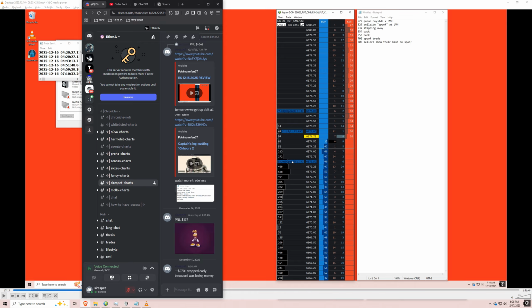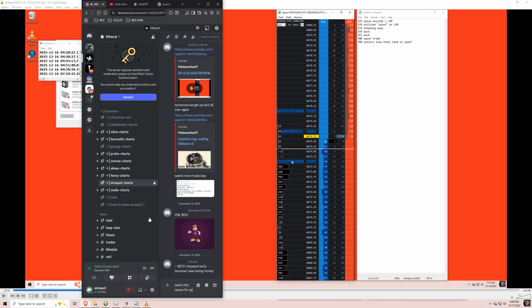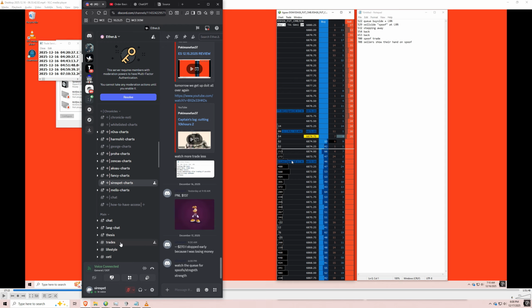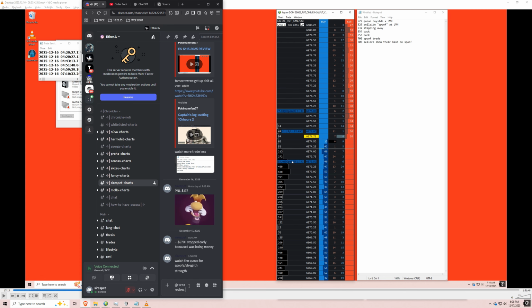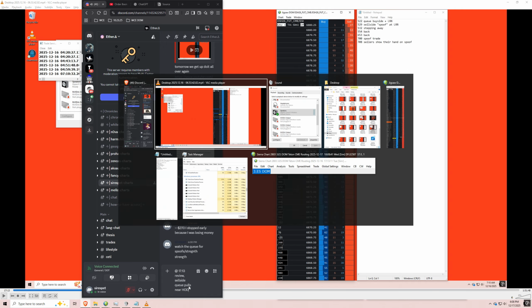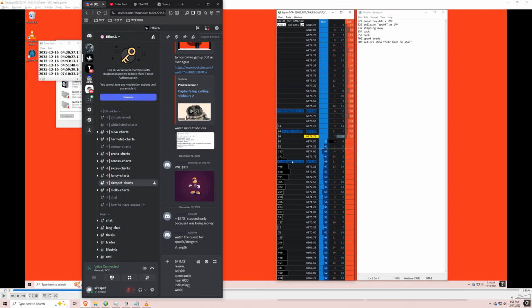Watch the Q or spoofs. Is that how you spell strength? $17, $13, review sell side Q pulls near HOD indicating weakness.